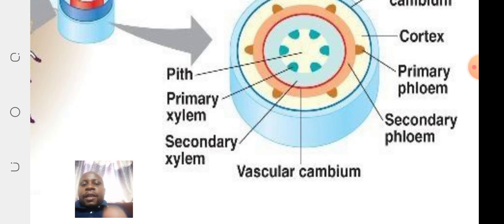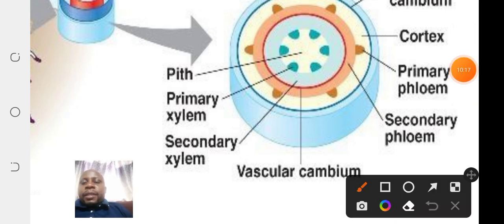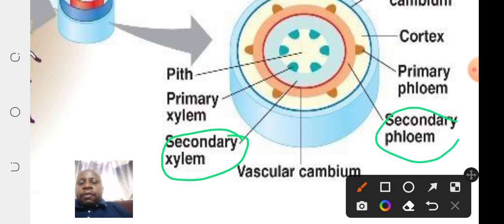The vascular cambium, upon undergoing mitotic cell division, leads to the formation of new cells towards the inner, which we call the secondary xylem, and new cells towards the outer, which are called the secondary phloem.